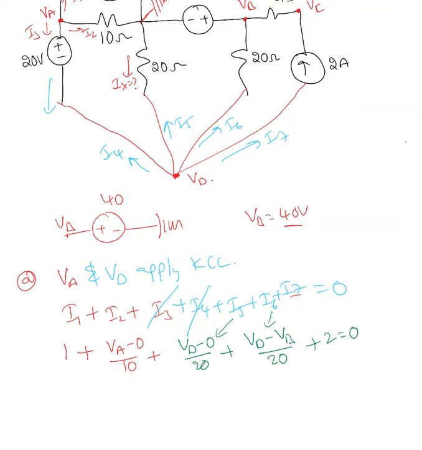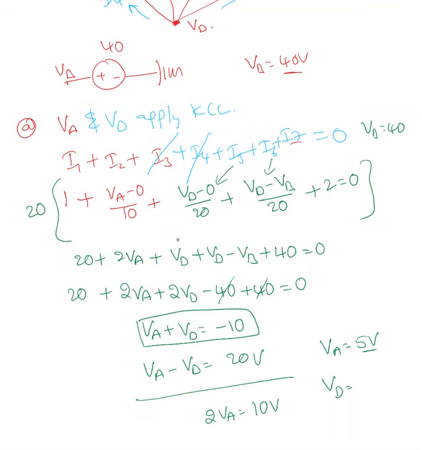So if I simplify, I already know VB equal to 40. Let me simplify this by multiplying by 20. When I simplify this, I end up with 20 plus 2VA plus VD plus VD minus VB plus 40 equal to 0. I end up with VA plus VD equal to minus 10.